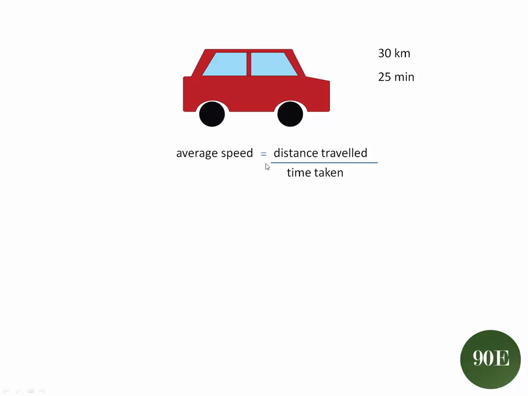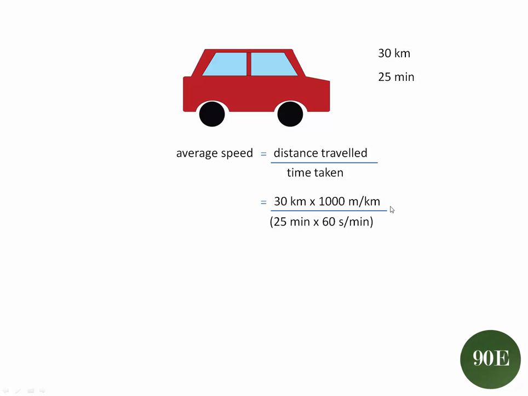So the average speed is going to be the distance travelled in meters, so 30 kilometers times 1,000 meters per kilometer, divided by the time that it took, so 25 minutes, and we want this in seconds, so we multiply it by 60 seconds a minute. Again, we just need to cross out the common units here in both the numerator and denominator.